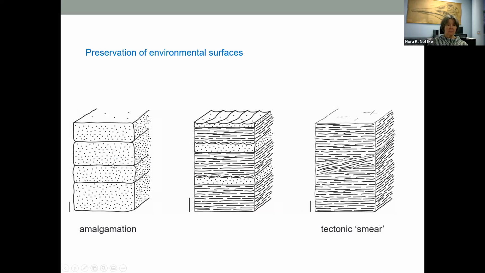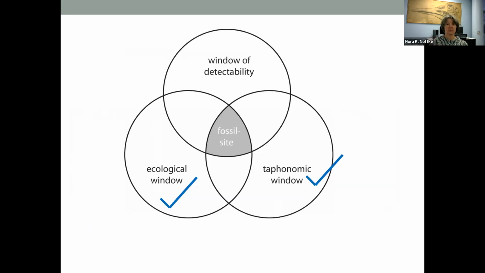So indeed, we don't bother to take a look at successions that have amalgamated sandstone bars. We don't need to deal with fine-grained deposits, especially if there's tectonic smear causing pseudo surfaces. We need to look for bedding surfaces that have some ripple marks or anything that shows us this is the original sedimentary surface. So we talked about the ecological window and the taphonomic window.